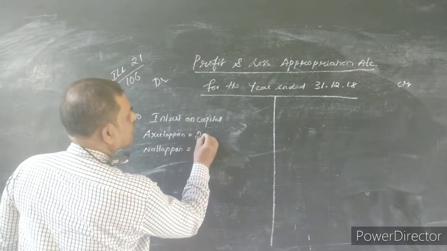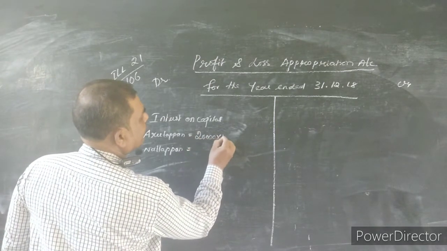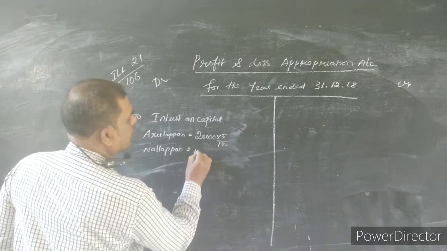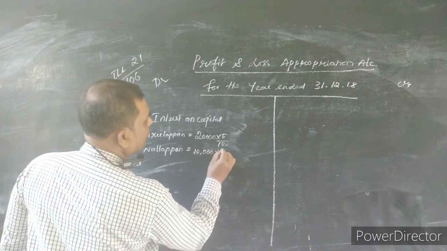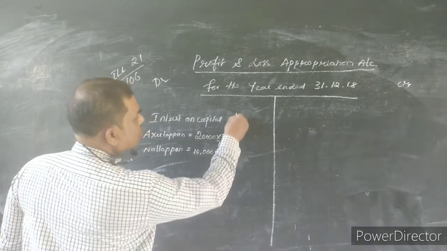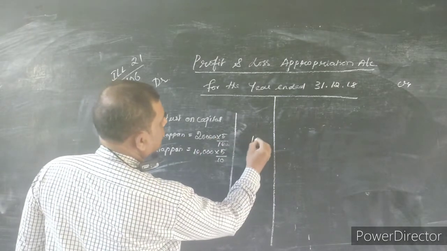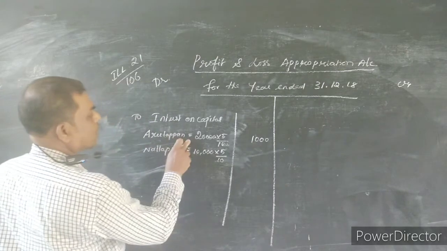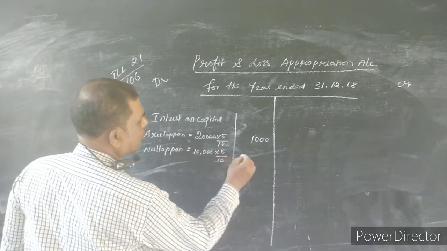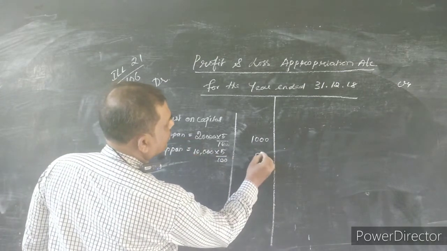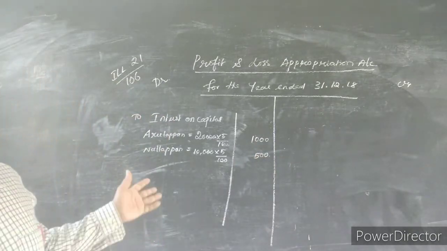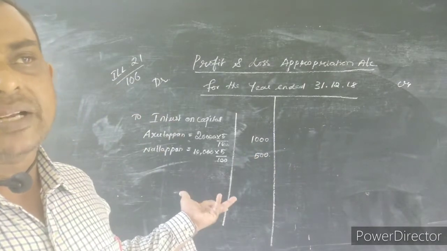So 20,000 into 5 divided by 100, and 10,000 into 5 divided by 100. The net result is 1,000 rupees for Arulappan and 500 rupees for Nallasamy. Here there is no partner's salary and partner's commission.